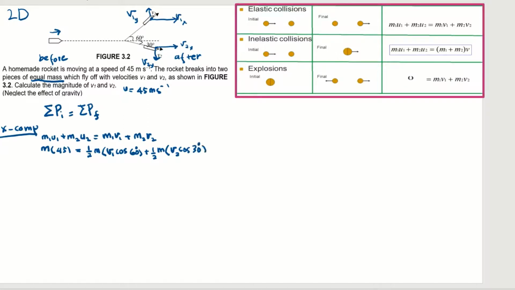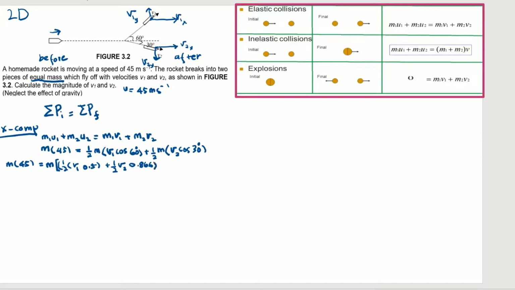You can simplify by cancelling m, but before you cancel you have to factorize the equation. v1 cos 60 is 0.5, and v2 cos 30 is 0.866.